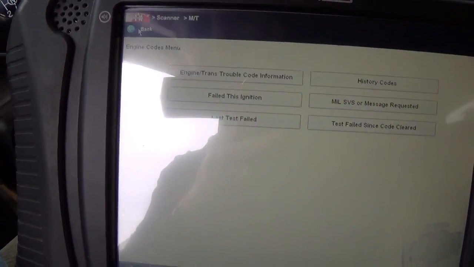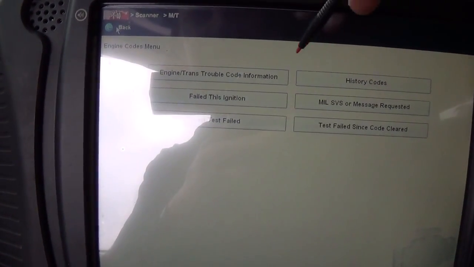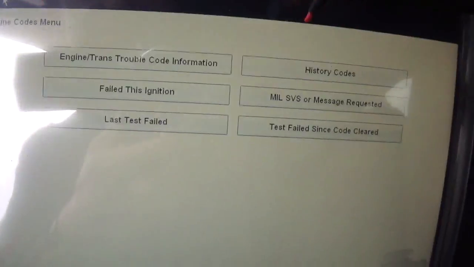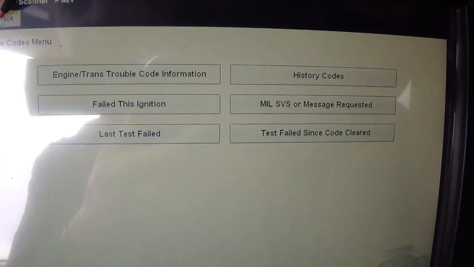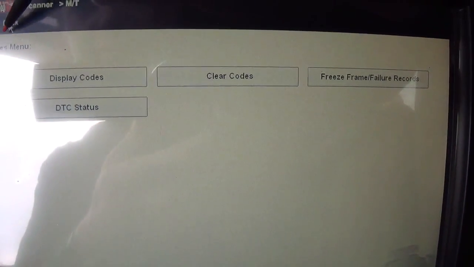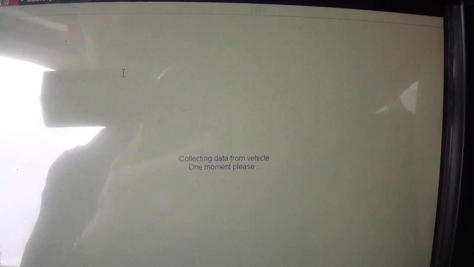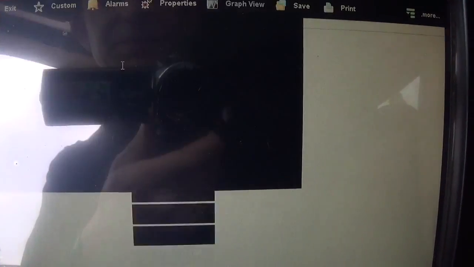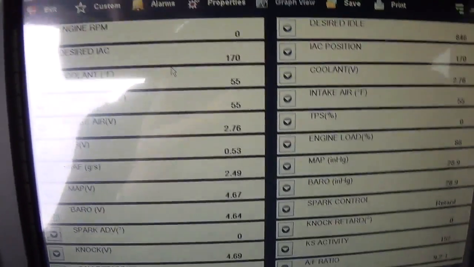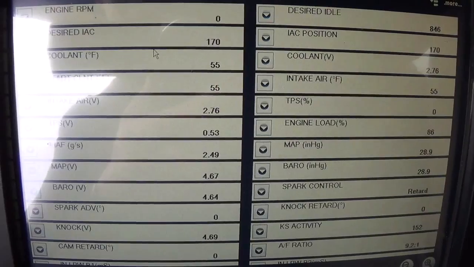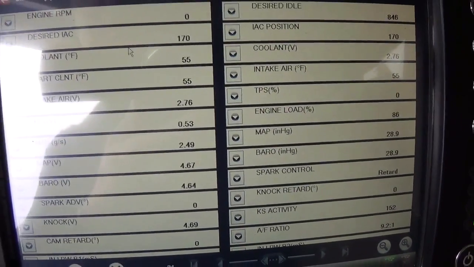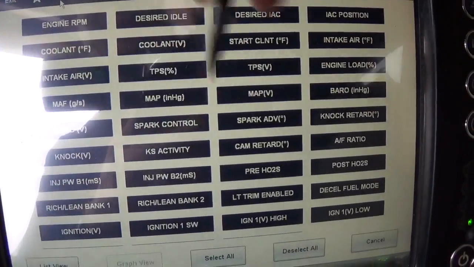Look at some data PIDs here. Might have to go old school, check for the basics. And it did rain overnight, so maybe his distributor cap got wet or something, I don't know. Let's look at the engine RPM. Let's see, custom display.